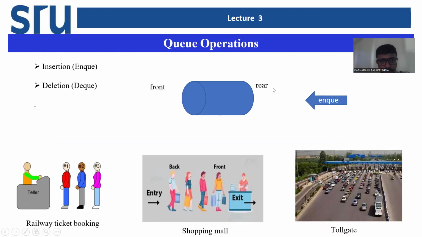Insertion should be done from the rear, and deletion should be done from the front. The entry should be done from the rear, the exit from the front. In this way, we need to implement enqueue and dequeue operations.